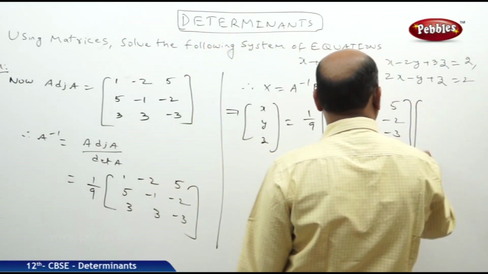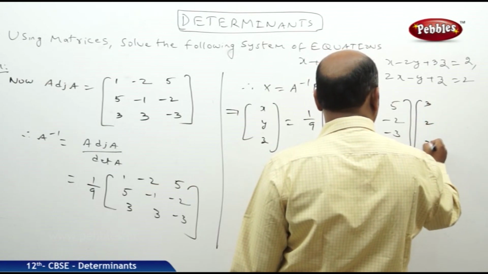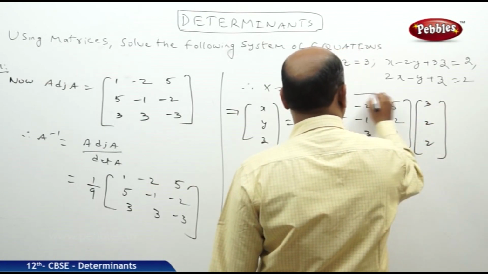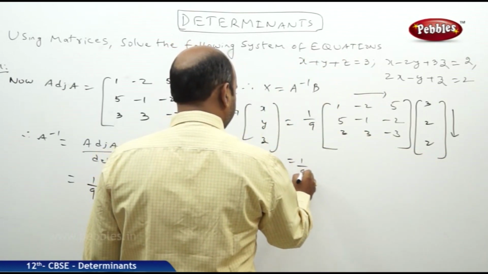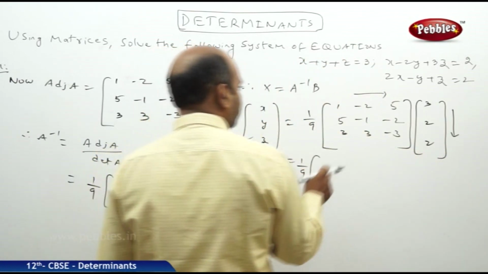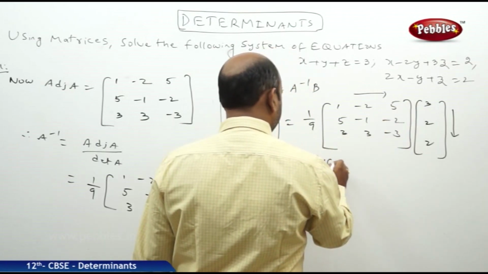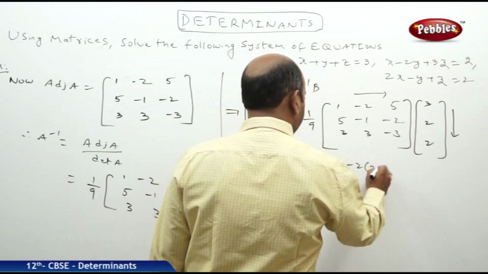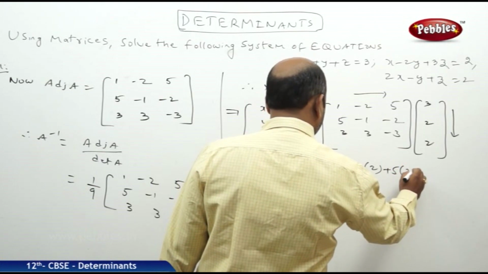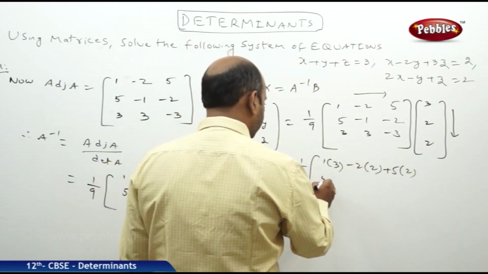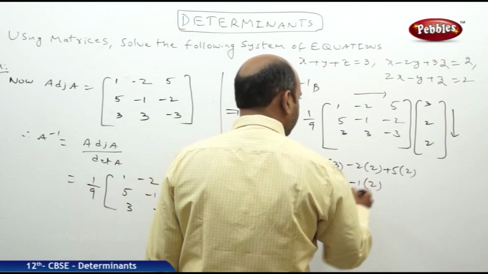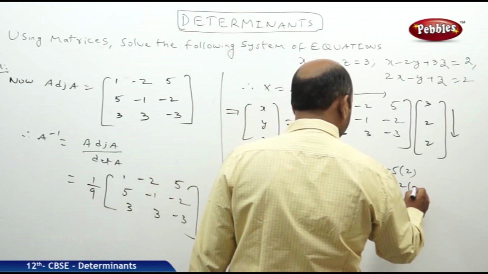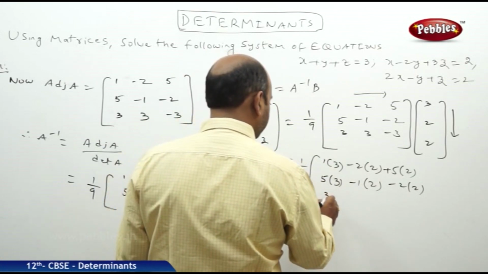B means what happens here? 3 2 2. Therefore what happens? Finally 1 by 9 into 1 into 3 minus 2 into 2 plus 5 into 2. Next 5 into 3 minus 1 into 2 minus 2 into 2.